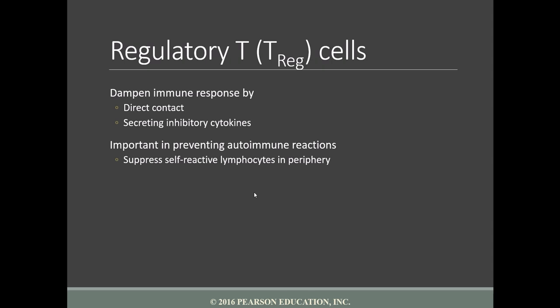And so anytime the body's own immune cells are attacking the body's own cells, that's an autoimmune disease, an autoimmune reaction. And that's really the job of the regulatory T cells to prevent. And so if someone has an autoimmune disease like MS or RA, then it's a problem with their regulatory T cells.